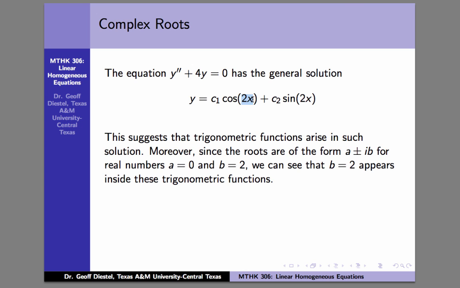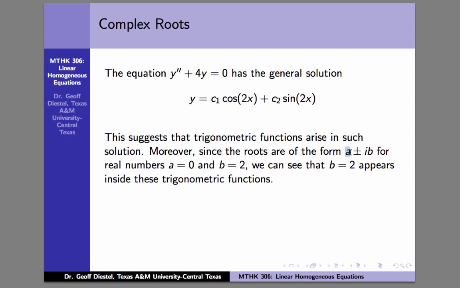So the observation I want to make is, what does the a contribute? Well, with more knowledge of complex numbers, this becomes easier to explain, but since this course does not require any formal course in complex numbers or complex variables, we're just going to leave it a simple observation with this example.